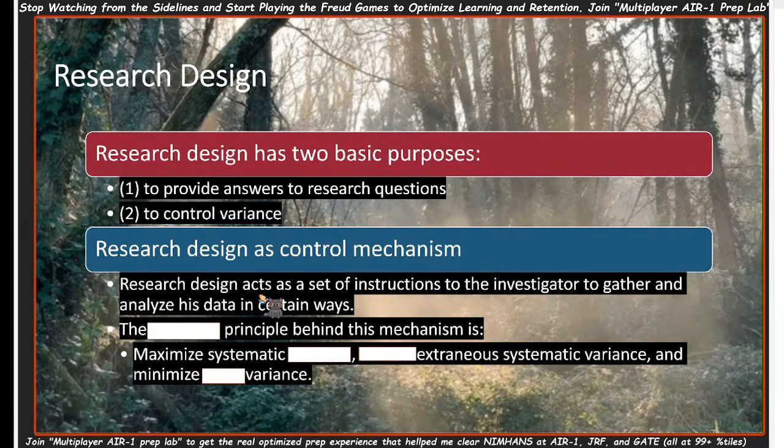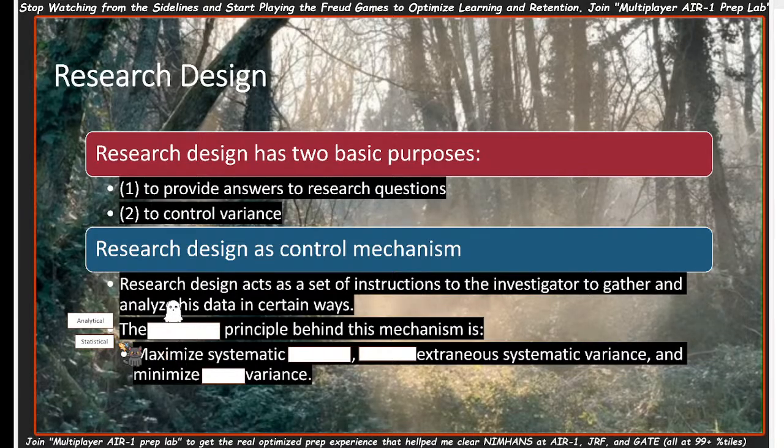So we have various other research designs like experimental design or correlation, or maybe you just have an exposed factor design. So all of them have these key principles. Okay?